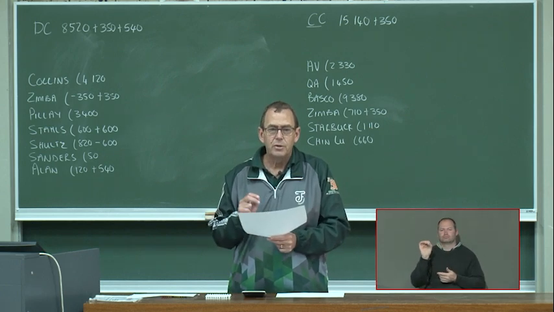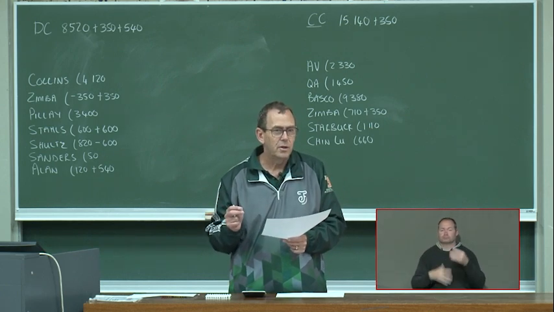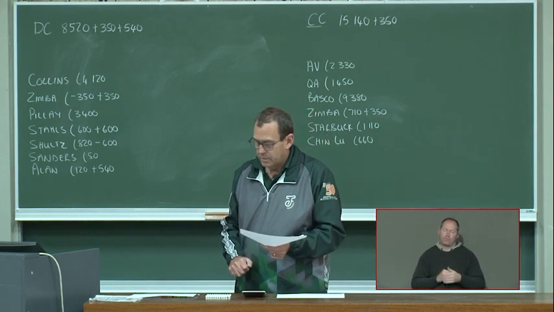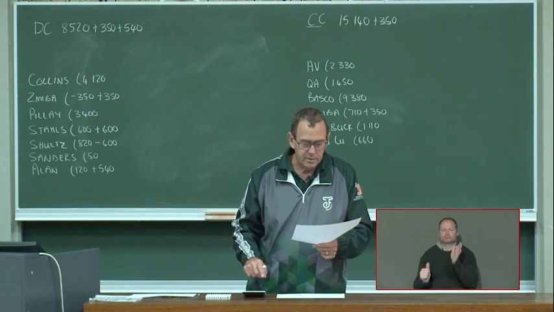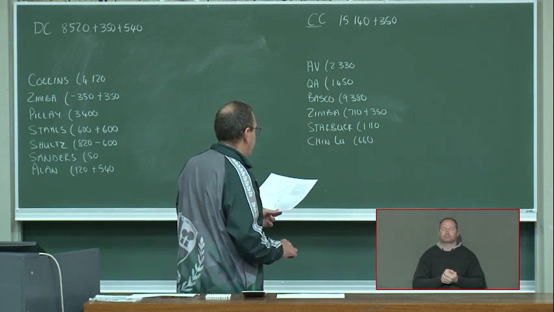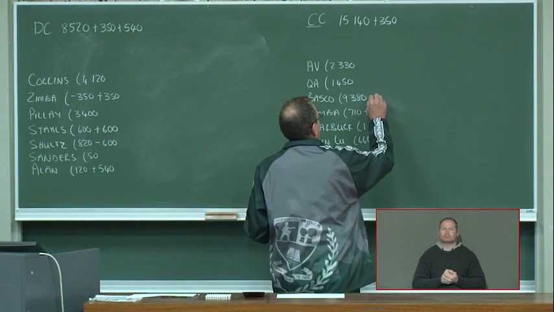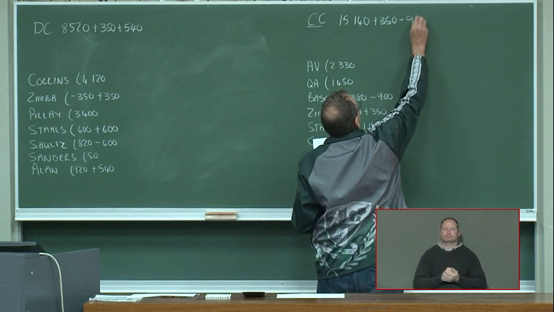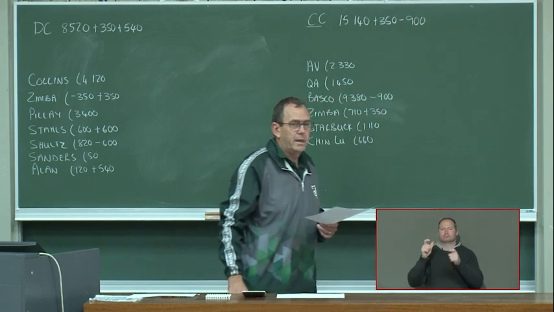We were only supposed to add 3420. So we added too much. Am I right? So we have to subtract. And how much will we subtract? 900. So for Basco, we will subtract 900. And for our creditors control, we will subtract 900.